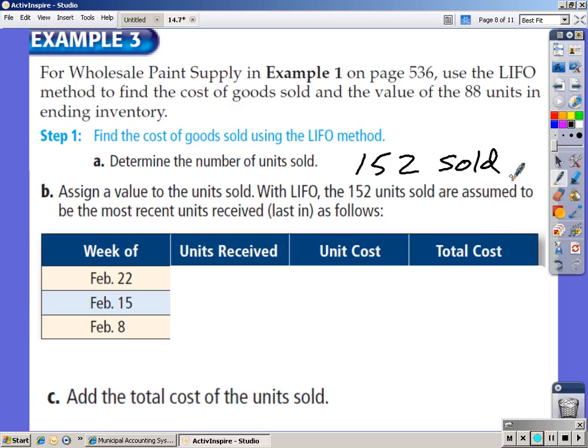Now, LIFO just means we work from the bottom up. Okay. So on February 22nd, we had 40 units come in at 2.40. 40 at 2.40 a piece, which means that's a cost of $96.